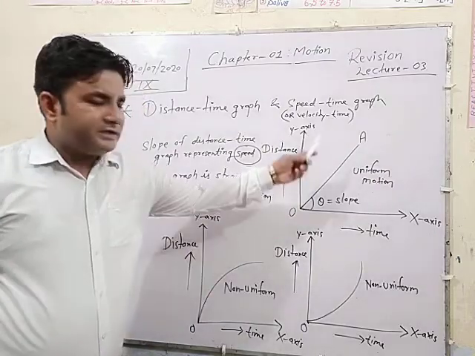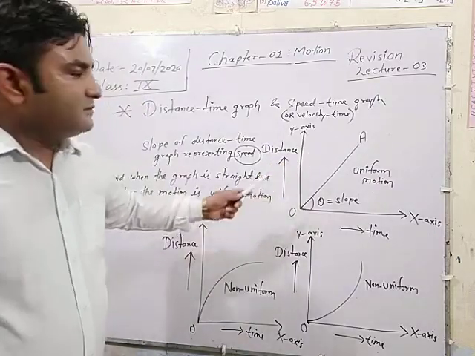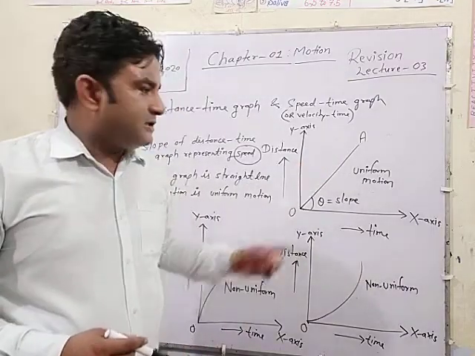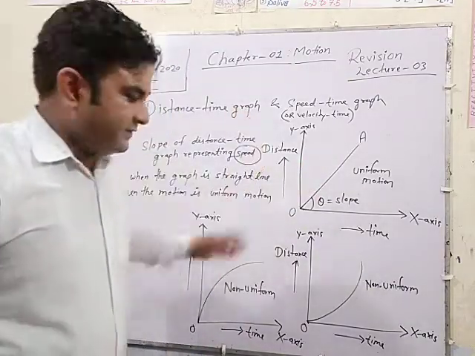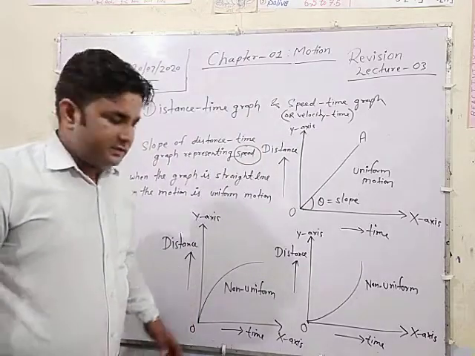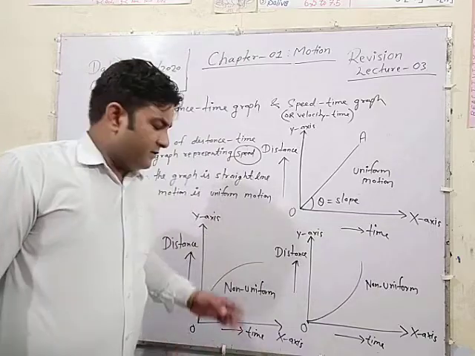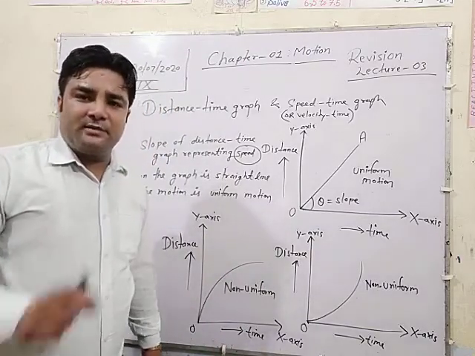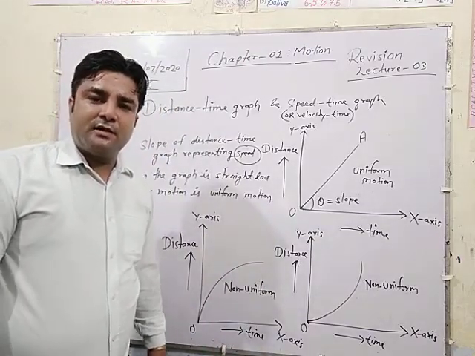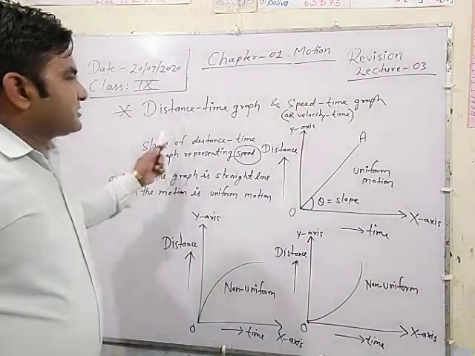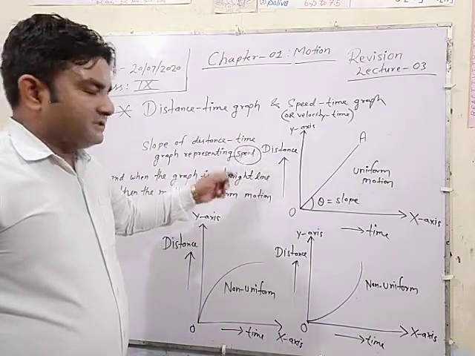Whenever a straight line is obtained in the graph of the moving body, then the motion is uniform motion. And whenever a curved line, either convex upward or convex downward, no matter, is obtained, then the motion of the body is non-uniform motion. Then after this, the distance time graph concept is clear.